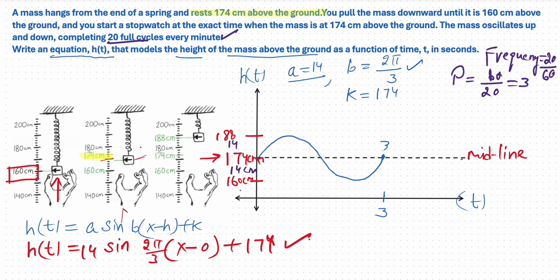Now you can clearly see this is the equation of this simple harmonic motion of the spring, and we can use this equation to find its motion at various times. I have used the letter x here, but since in this particular question we are using t along the x-axis, you can replace it with t. Thank you, everybody.